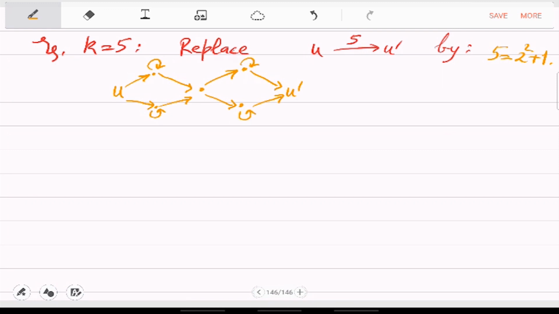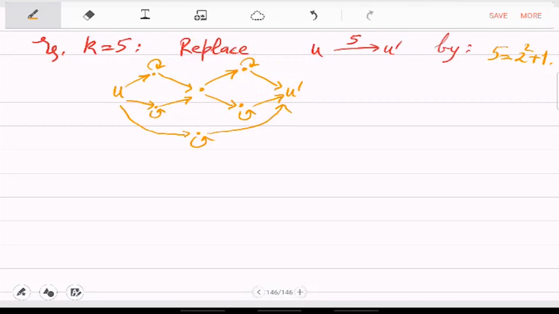So now it is 1 plus 1 times 1 plus 1, so that's 2 squared. So we have gotten 2 squared as the path weight contribution. 1 remains, so I add another parallel path. Okay, so this is the picture of 5.